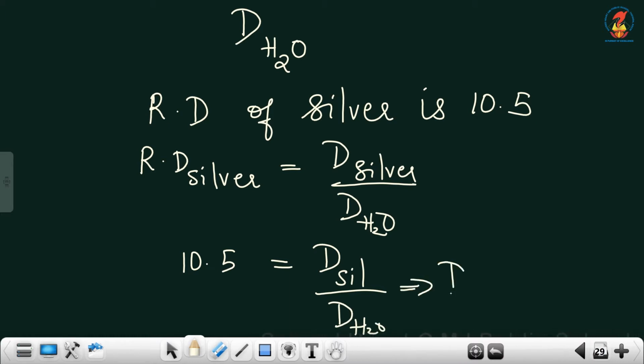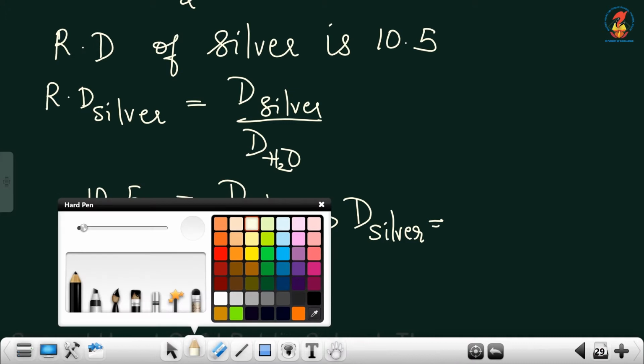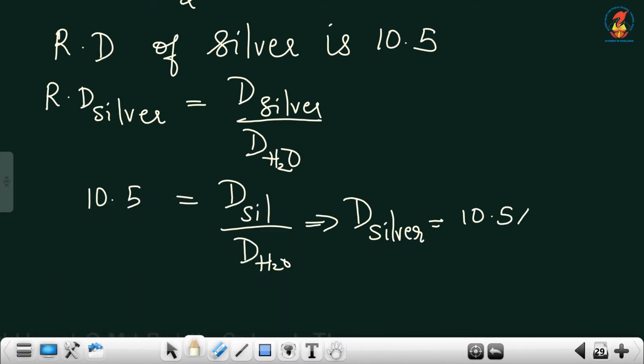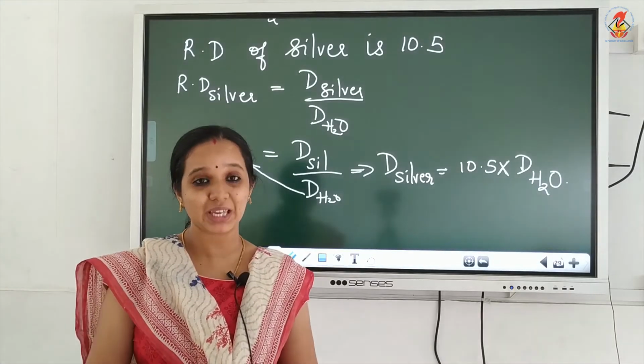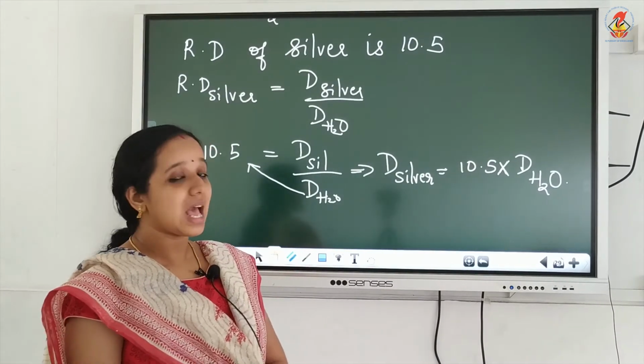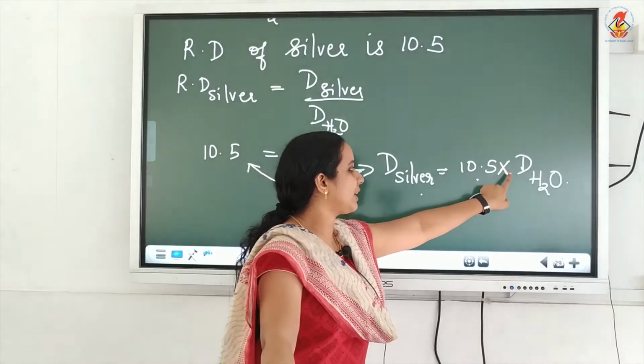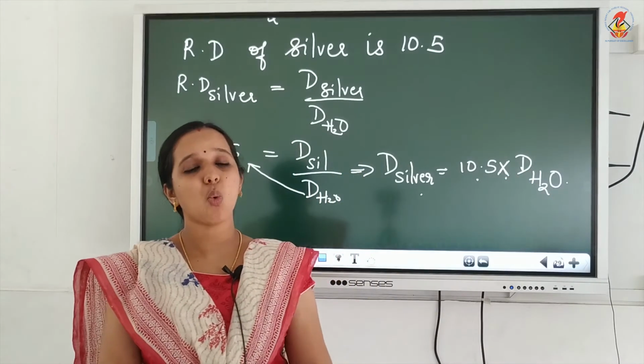That is, density of silver is equal to 10.5 into density of water, which means relative density of silver is 10.5 means silver is 10.5 times as heavy as water.